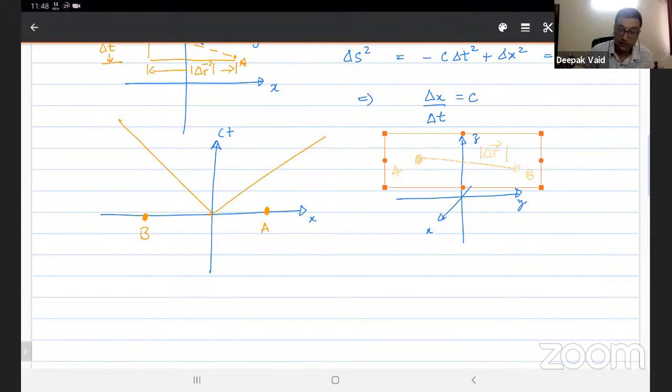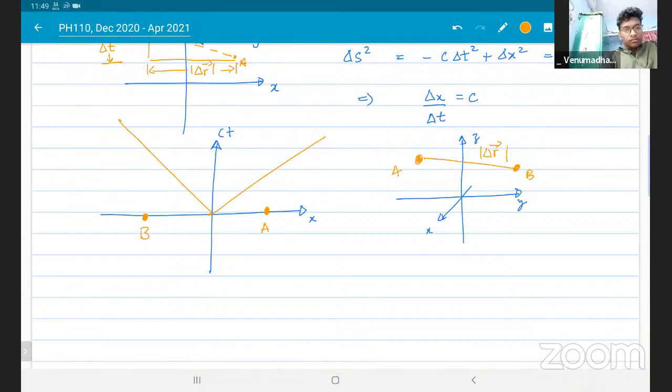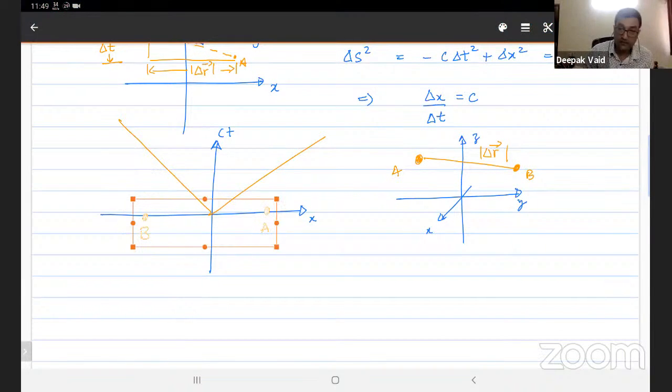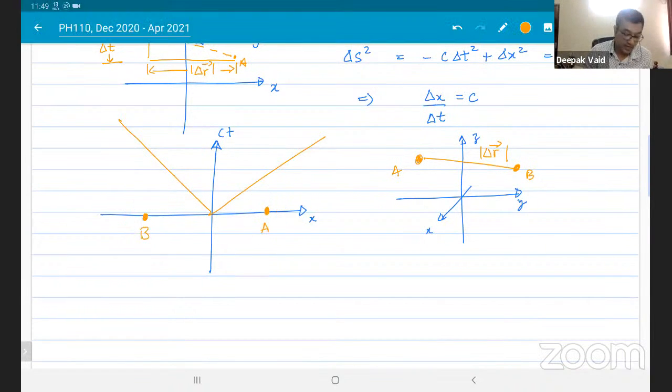This is a snapshot of my system at a constant time, at a single time. How do I represent that in a space-time picture? Well, A and B will lie on this line. What is this line? This line is all three coordinates, X, Y, Z, all of them clumped into one line, okay?